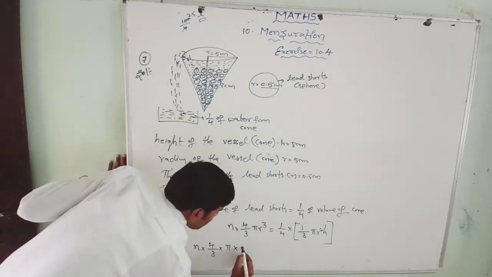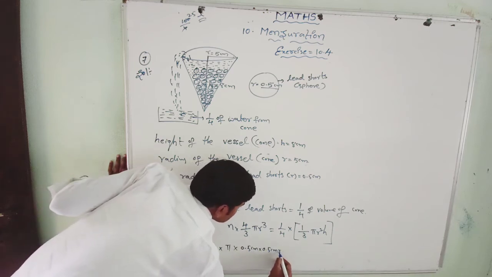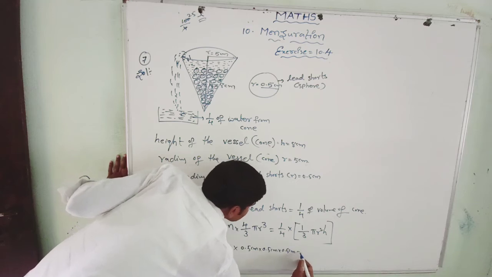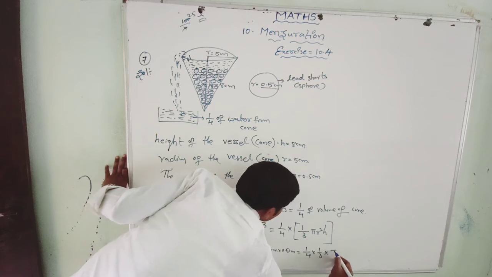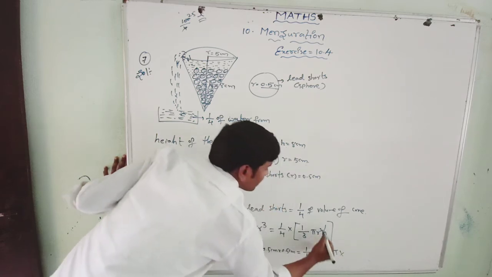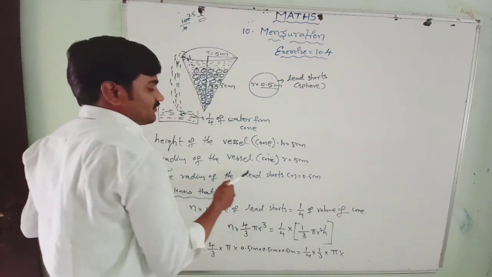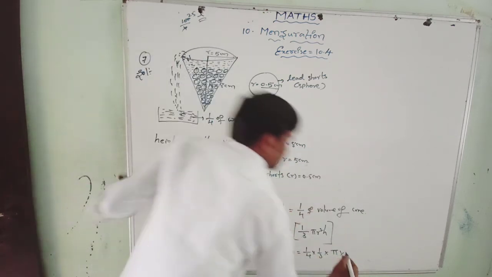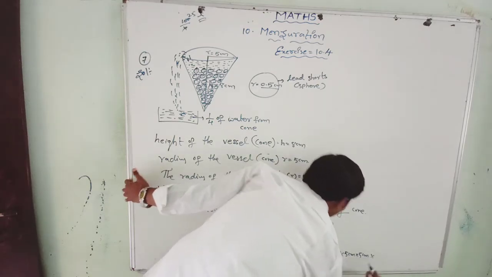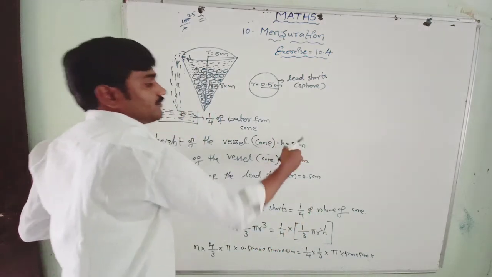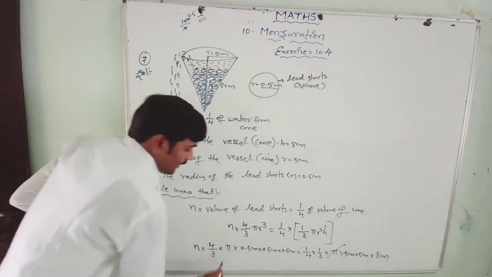So 0.5 centimeters into 0.5 centimeters into 0.5 centimeters equals 1/4 into 1/3 into pi into r square. R is the radius of the cone, here 5 centimeters into 5 centimeters into h, the height, which is 8 centimeters. ఇక్కడ చూడండి, ఇక్కడ ఒక పై, ఇక్కడ ఒక పై.